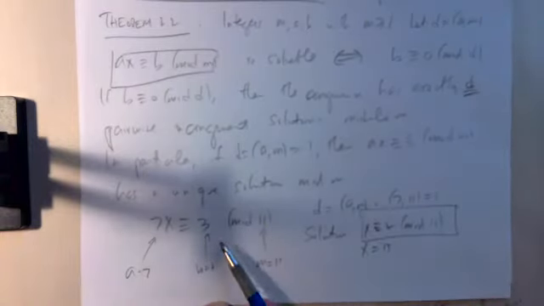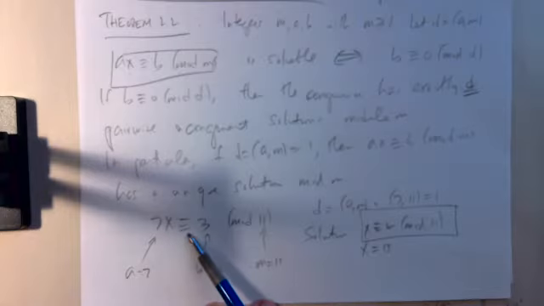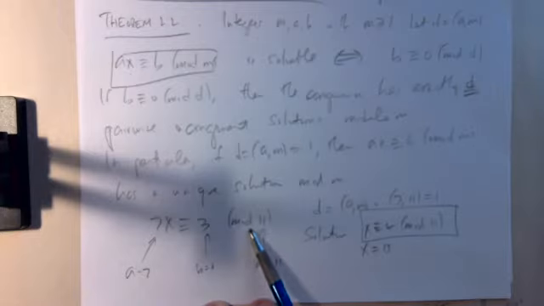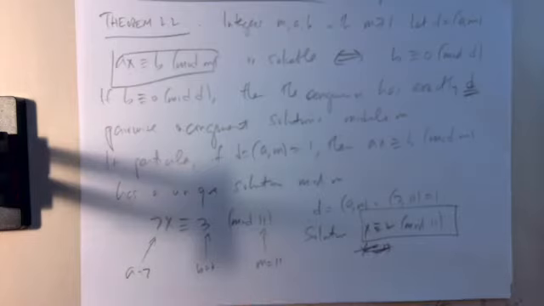So there are infinitely many numbers x that solve this congruence, but there's exactly one congruence class mod 11 of solutions, the class x congruent to 2 mod 11. So this is really an extremely important bit of number theory.